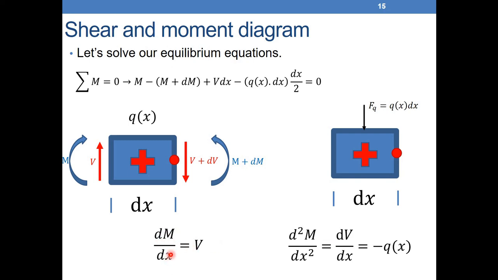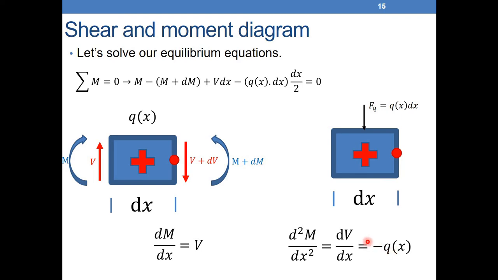So dM over dx is equal to V. Now we can say that d2M over dx2, the second derivative of the internal moment with respect to x, is equal to dV over dx, the derivative of V, which from the previous slide is equal to minus q of x. From all the three slides that we just learned, this is what we need to use: dM over dx is equal to V, and dV over dx is equal to minus q of x.